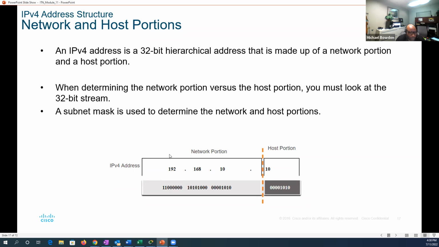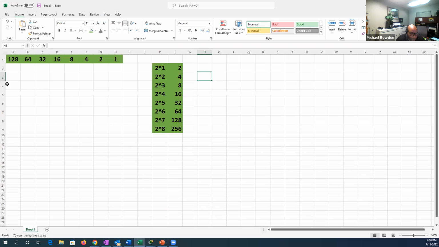And the way you get the 192 is with placeholder values. That's what I call them, and I write these out anytime I'm doing subnetting.